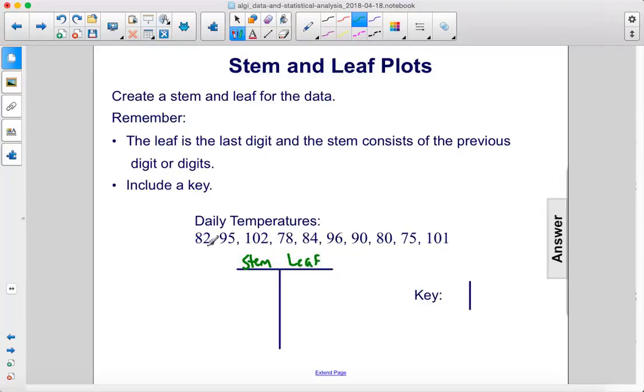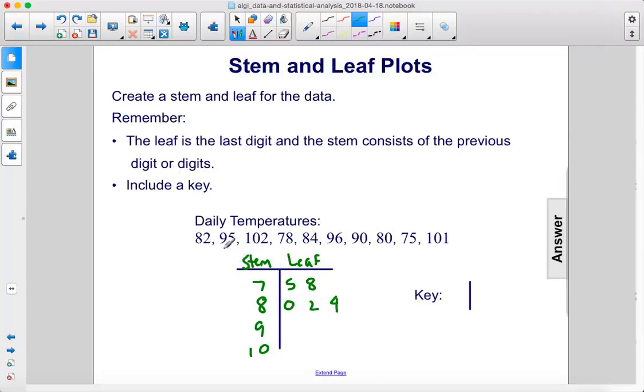So we have some numbers in the 70s, the 80s, the 90s, and the hundreds. So we'll have 7, 8, 9, and 10. 10 meaning the first 2 numbers here, and then the leaf will be the third number. So for 70s, we have 78 and 75, so 5 and 8. We have 82, 84, and 80, so 80, 82, and 84.